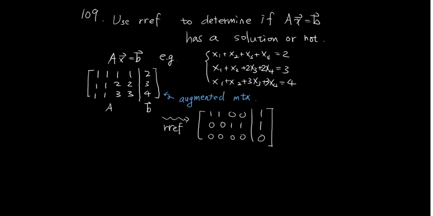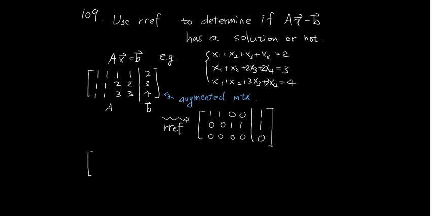Okay, so after some computation, it's not hard to get x1 plus x2 is equal to 1, x3 plus x4 is equal to 1. You can find a lot of solutions from here, by setting the free variables as parameters.